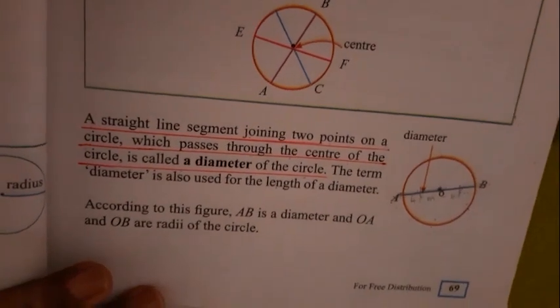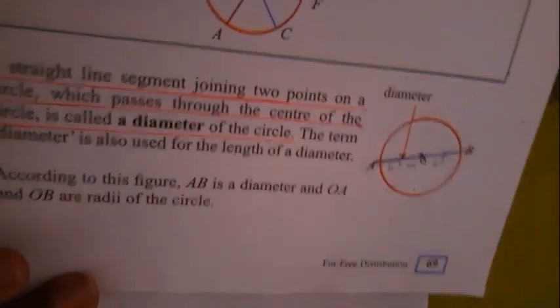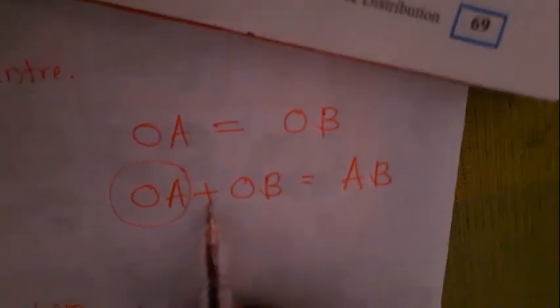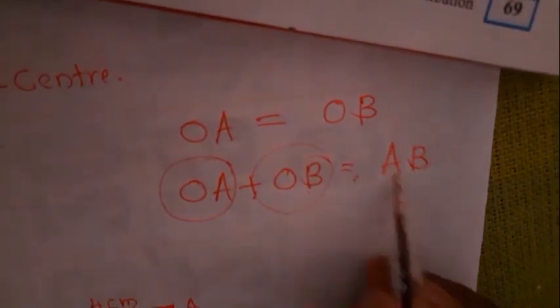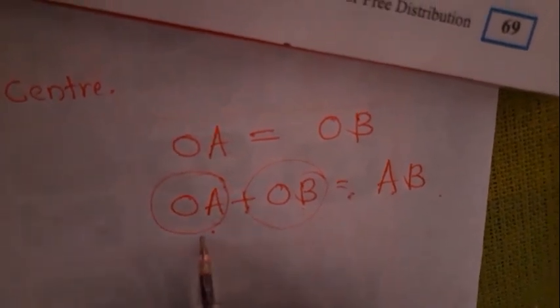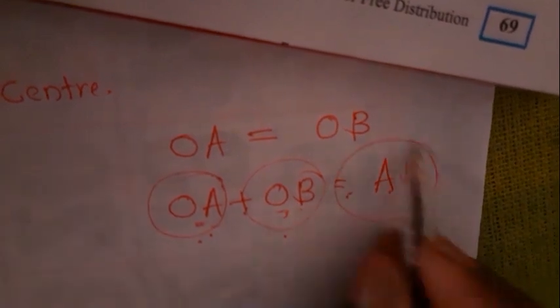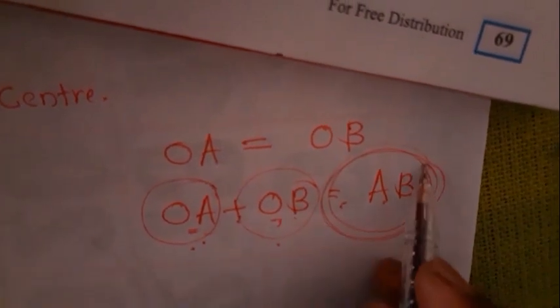Then OA plus OB equals AB. This is a radius, this is also a radius. When you add both, it is equal to AB. AB means a diameter.